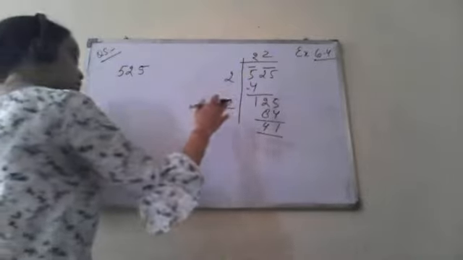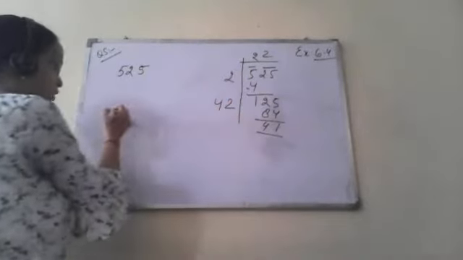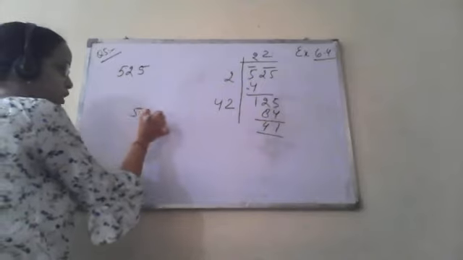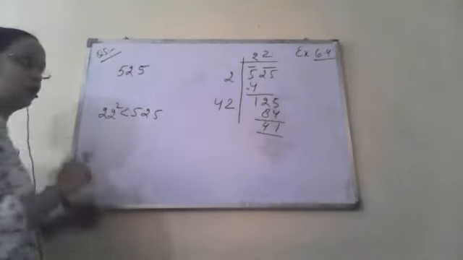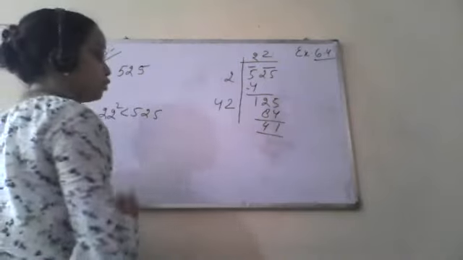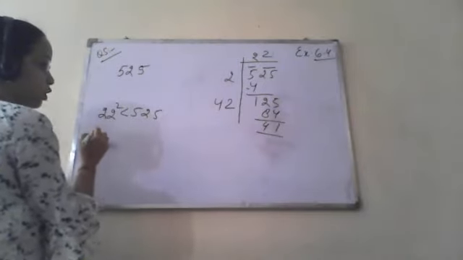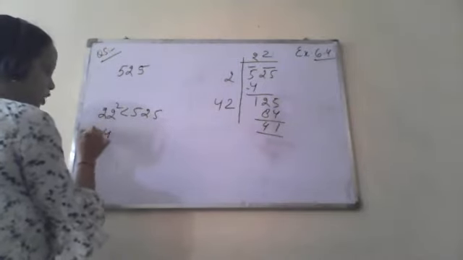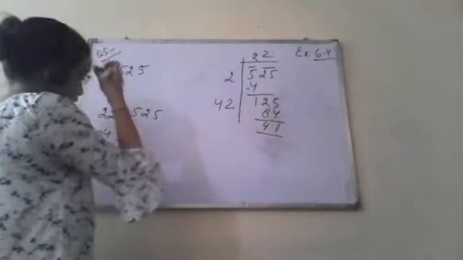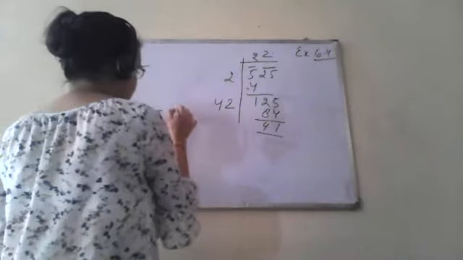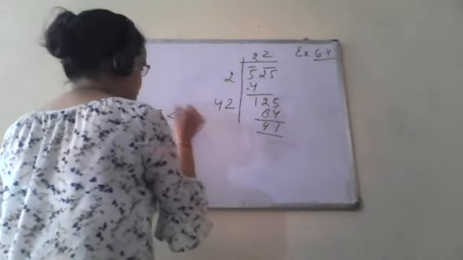So this 525 is greater than the square of 22. The square of 22 is 484. So 525 is greater than 484 and it is less than the square of 23.